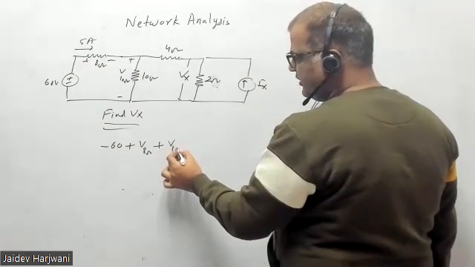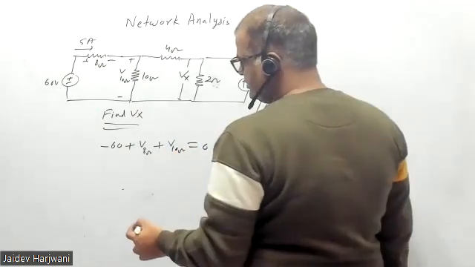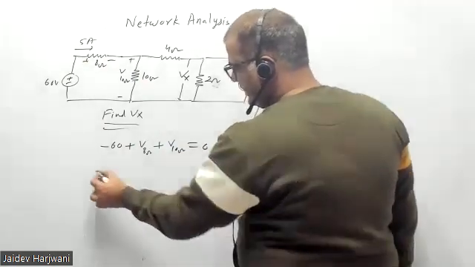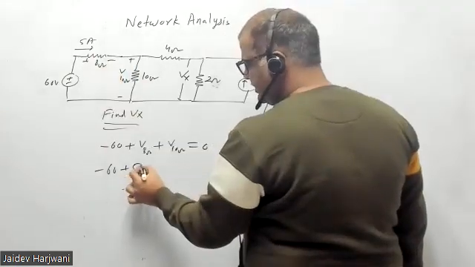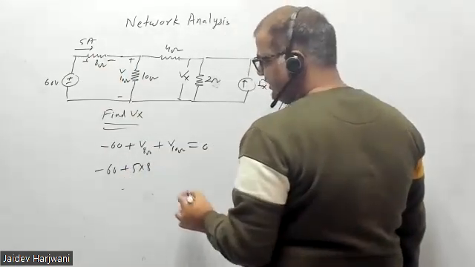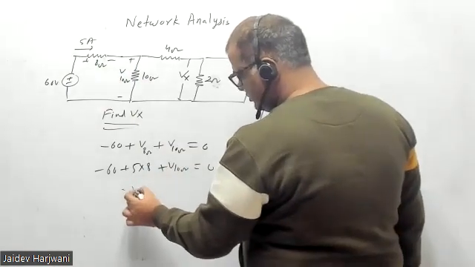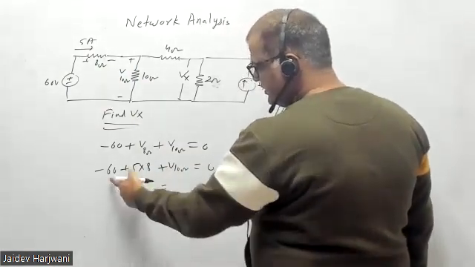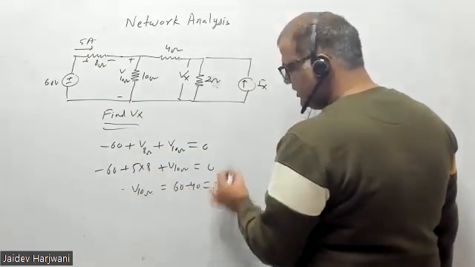Then you have V10 ohm equals 0. So minus 60 plus V8 ohm, which is 5 ampere into 8, plus V10 ohm equals 0. So your V10 ohm will be 60 minus 40, that is 20 volt.